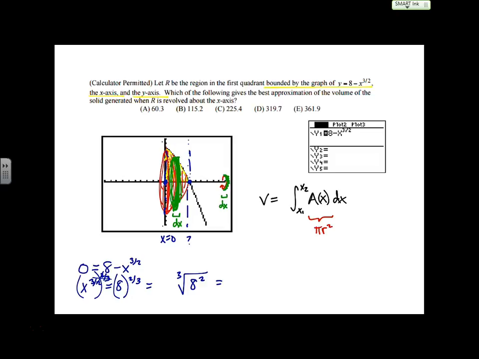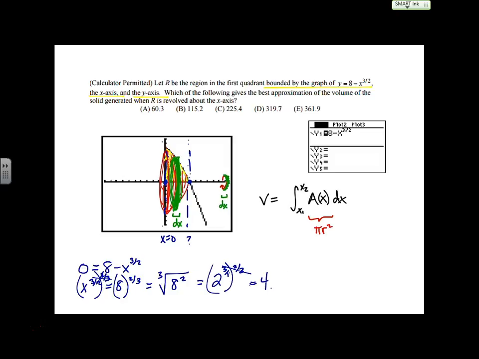Or you can also think about 8 as 2 cubed to the power of 2/3, in which case the 3 is reduced, and 2 squared is going to be 4. That's one way. You could also take 64 and then cube root it. Cube root of 64 is also 4. But either way, we get our upper bound to be 4.